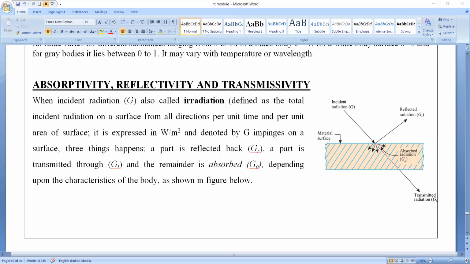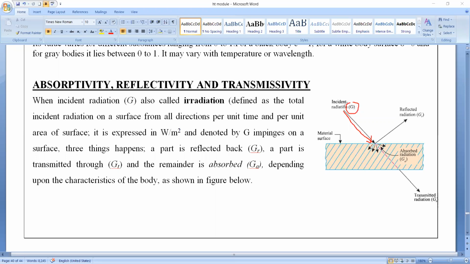Let us consider a material, any material it may be. Now, G is the incident radiation, the radiation incident from all directions. Here I'm considering one wave of this thermal radiation.